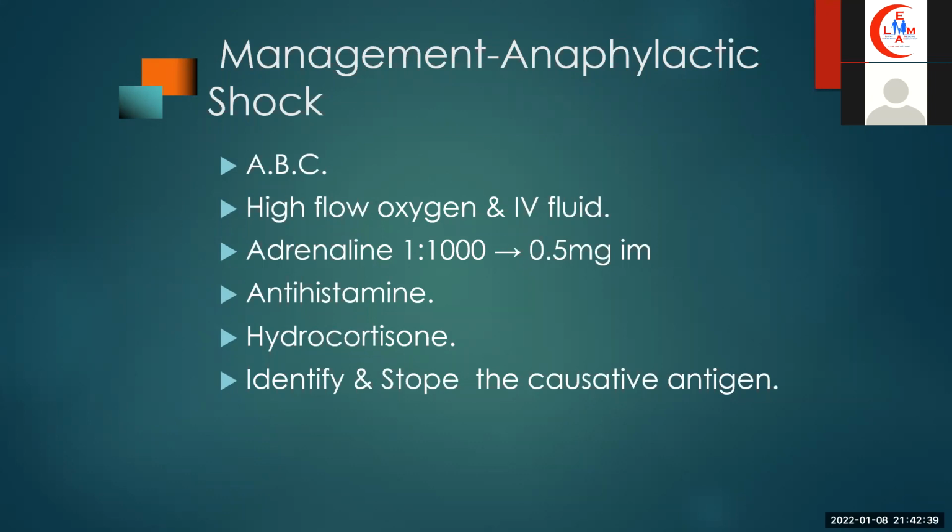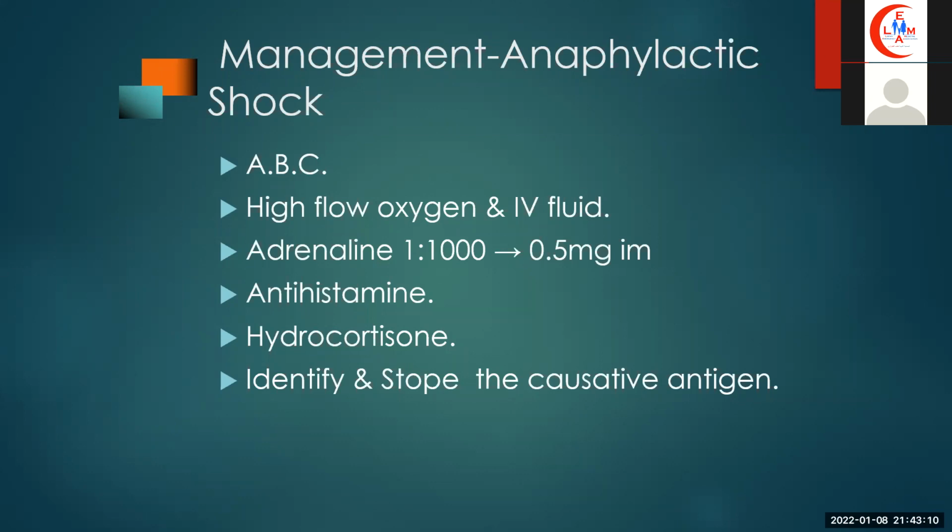This is the main treatment for anaphylactic shock. If you don't give adrenaline and rely only on antihistamine and hydrocortisone, the patient will not survive. So you need to give adrenaline, and if they are refractory, you can give it IV as well, in small doses of infusion, as the MCQ stated in the last one.